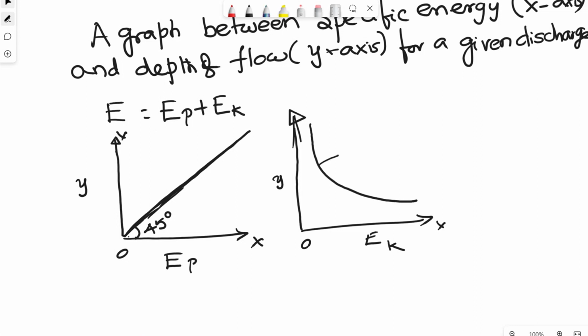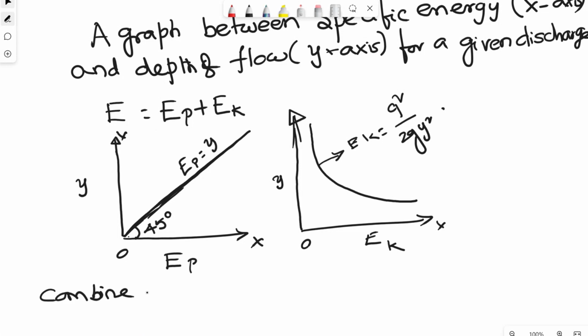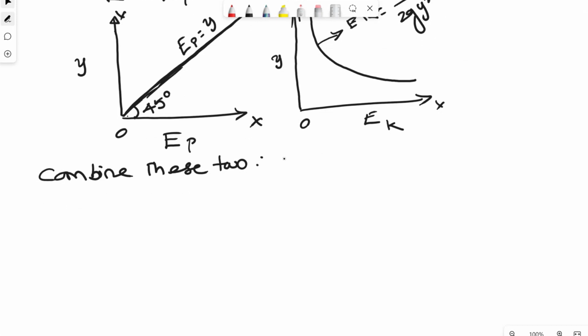This represents EK, which is equal to Q square by 2g y square. And this is EP, which is equal to y. So these are all true. Now, if I combine these two, the specific energy curve is obtained.